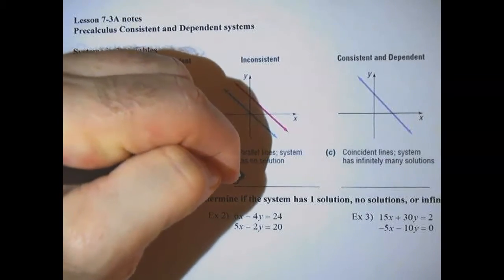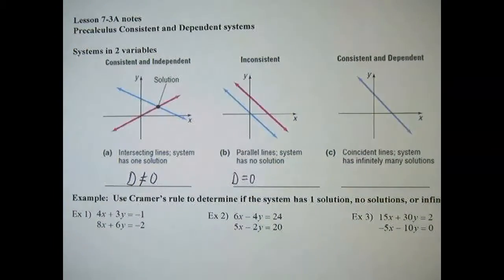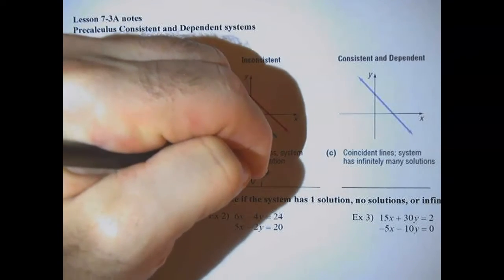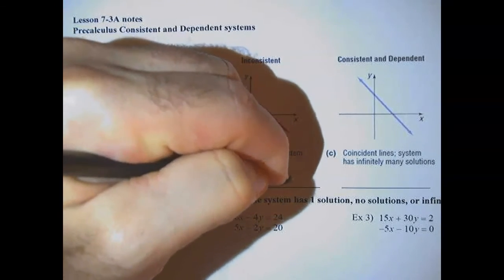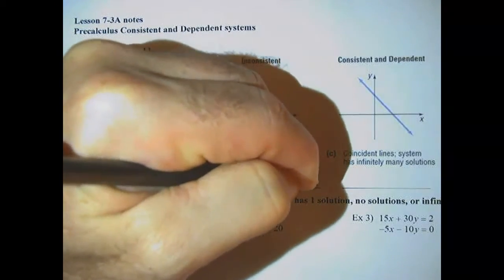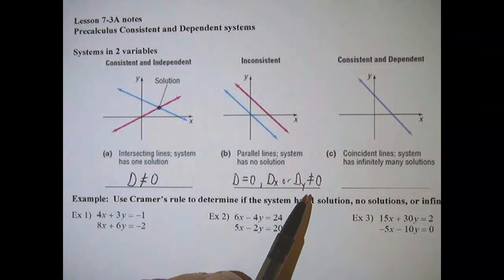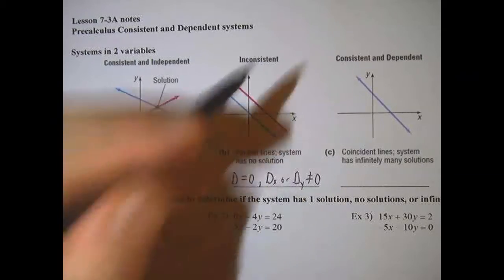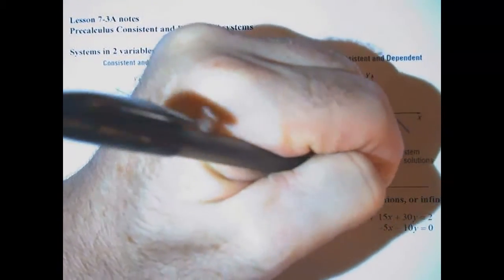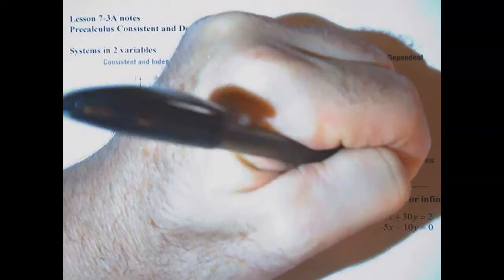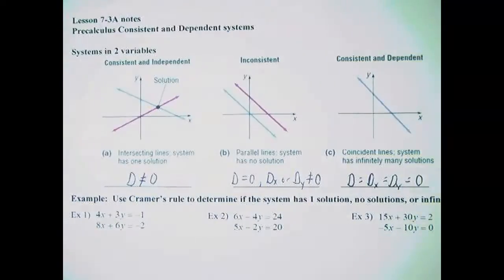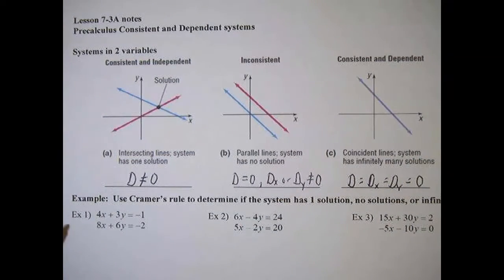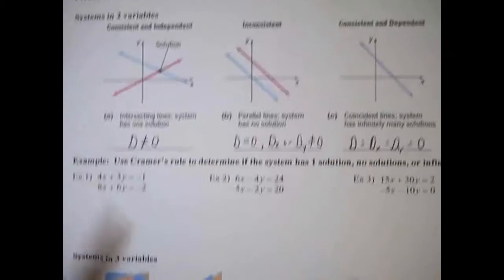If D is 0 but either Dx or Dy is not 0, that's where you have parallel lines. And if D is 0 and so are both Dx and Dy, so D equals Dx equals Dy equals 0, that's where you have overlapping or coinciding lines. Let's look at a couple of these.